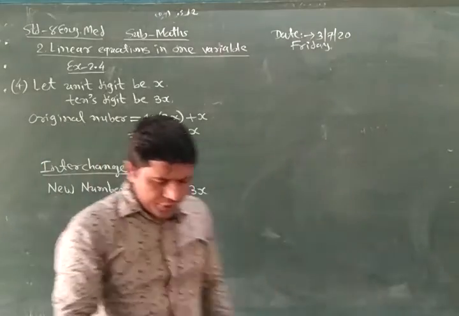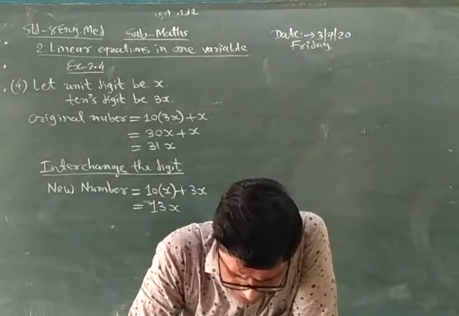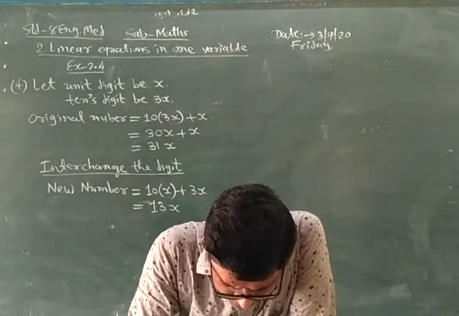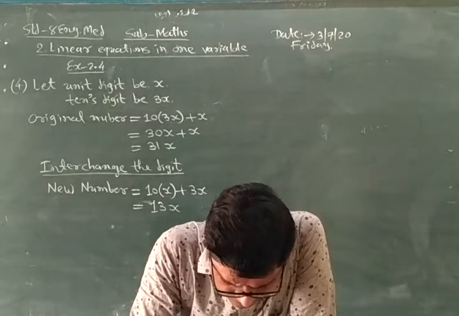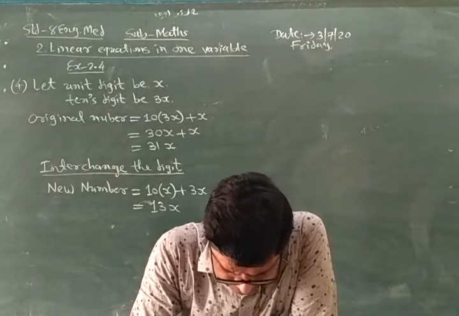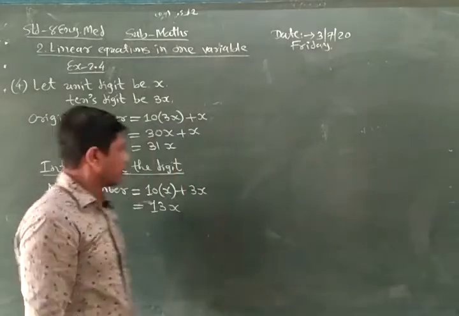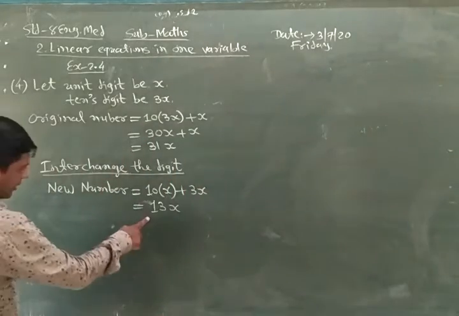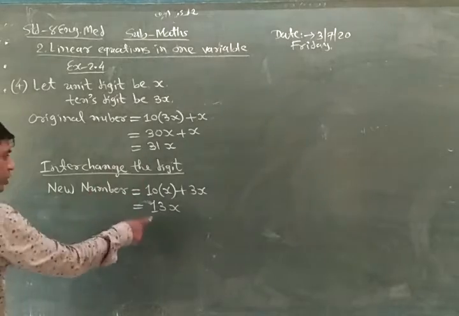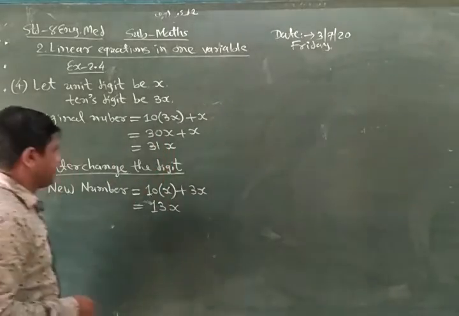Now read the question's second line. If you interchange the digits of the two-digit number and add the resulting number to the original number, you get 88. It means interchanged number and original number both added, we get 88.